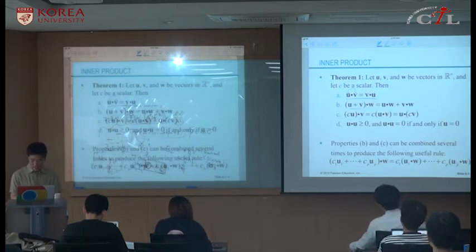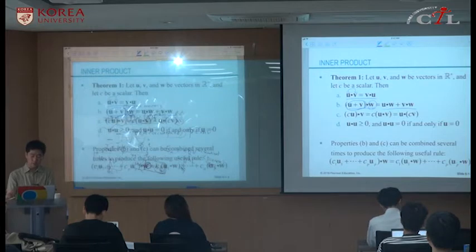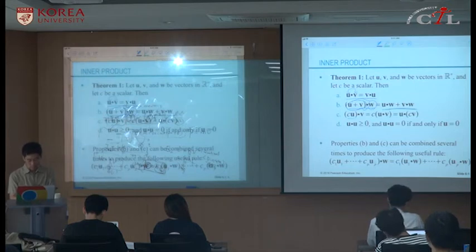It also satisfies the distributive law: when we first compute the sum of these two vectors and then take the inner product with another vector, it is just distributed in this form. And the scalar multiple of the first vector times the inner product with another vector can be represented by this. Okay, and then we can freely move the C into the second vector.